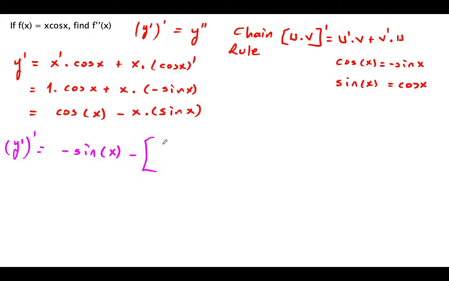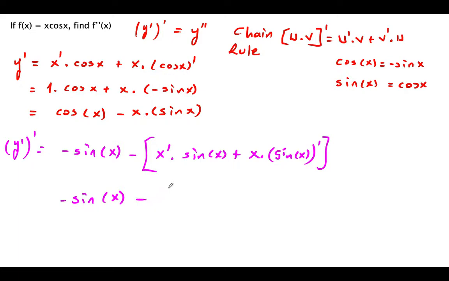And then if I use the product rule again, the derivative of x times sine of x plus x times the derivative of sine of x, which will be u prime v and v prime u, so it will be negative sine of x minus x's derivative, which is 1, times sine of x, plus x times the derivative of sine of x, which is cosine of x.